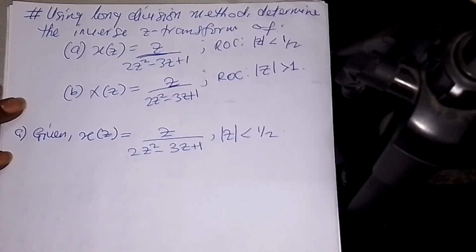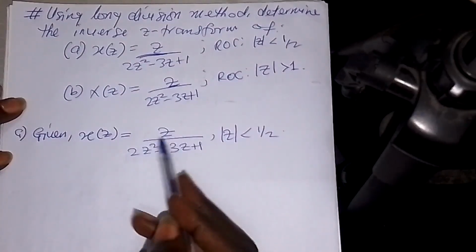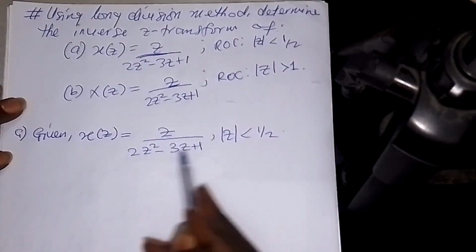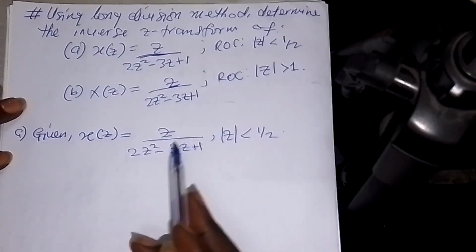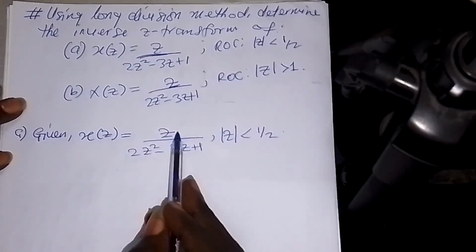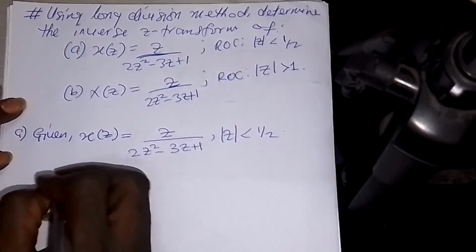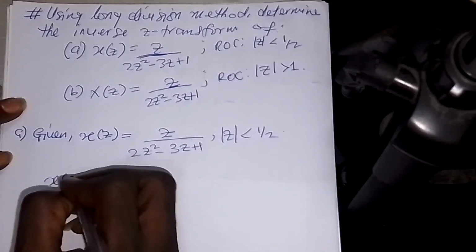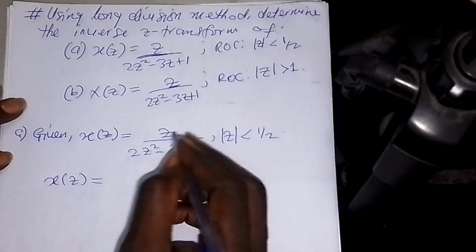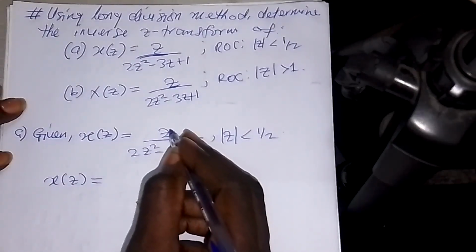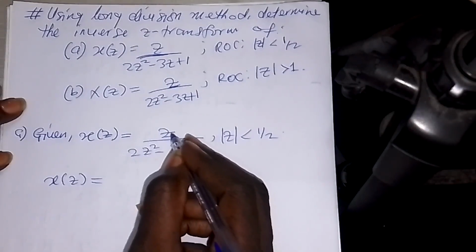Now we have to convert this into the standard formula. To convert it into the standard formula, we have to divide it by the highest power of z that we have.